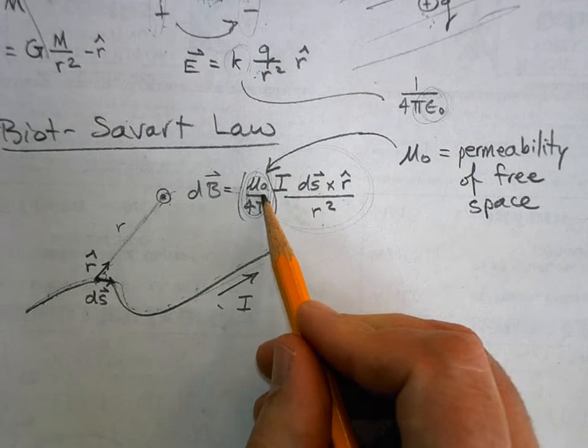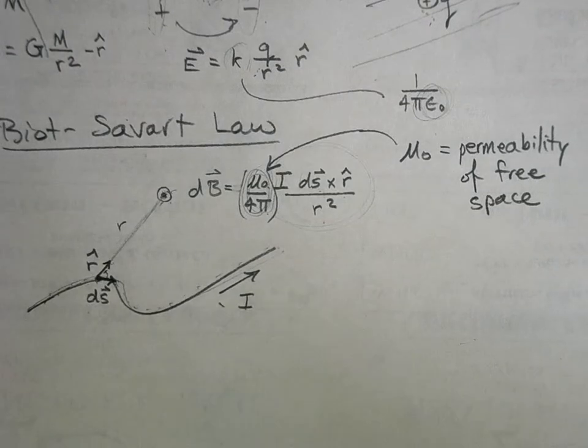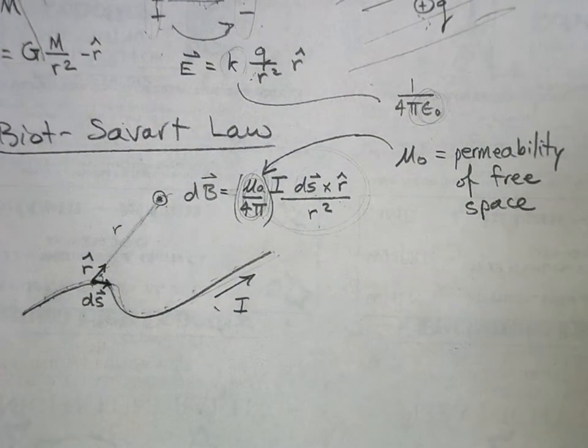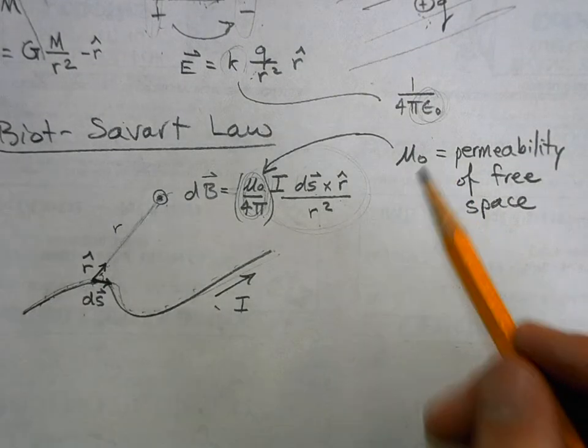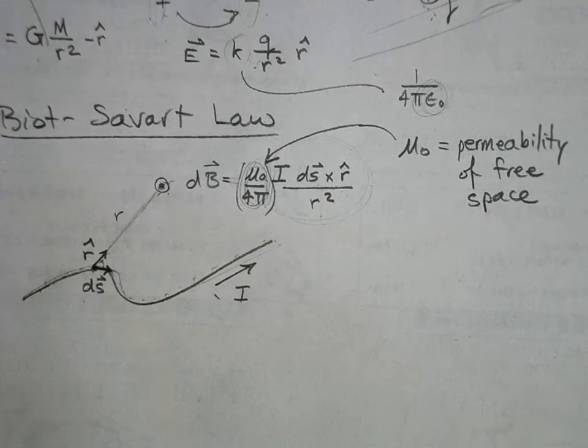This mu can vary in different materials. We're not going to deal with that in this class, but you will in later classes probably. It's a measure of how easily magnetic fields flow through space depending on how much current you have. It's the same thing as big G. How easily do gravitational fields flow through free space? How much gravitational field do I get for a certain amount of mass?